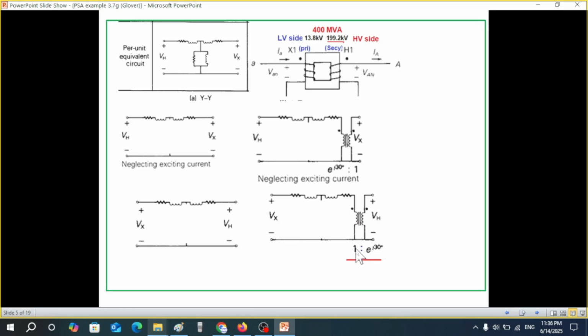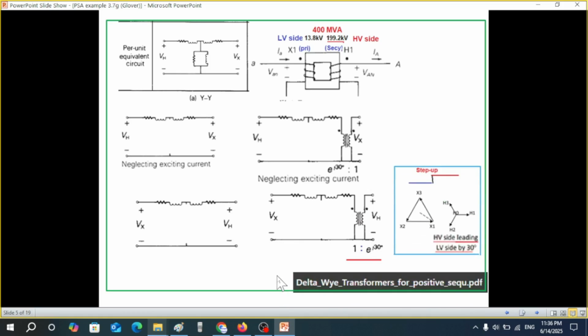The only change here will be that the phase shift will be on the right. An important point that you have to keep in mind is that when we are talking of the step-up transformer, like here, low voltage to high voltage, then the high voltage side will lead the low voltage by 30 degrees. Just shown here, it is leading by 30 degrees.